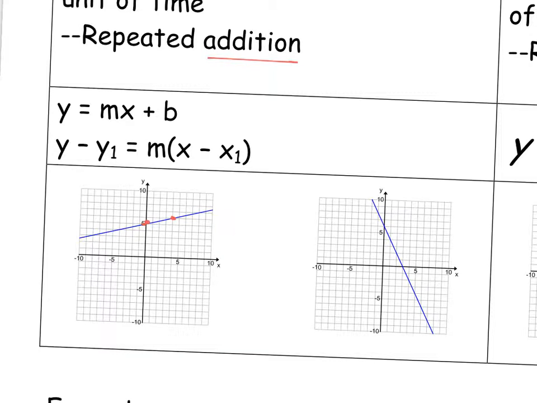So you add 1/4, 1/4, 1/4. Here on the second graph, you started at 6 and it went down 2. So you subtracted, or added -2, each time, each unit. Otherwise, it's the same as subtracting.